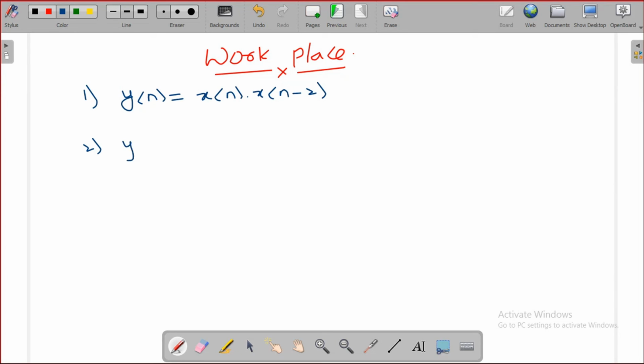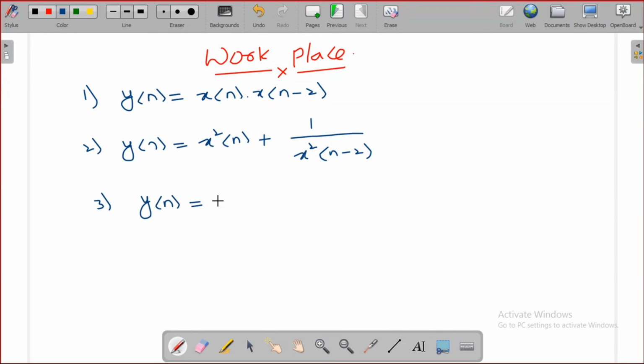The second one, y of n is equal to x square of n plus 1 divided by x square of n minus 2. And the third one, y of n is equal to x of n plus n into x of n minus 1.